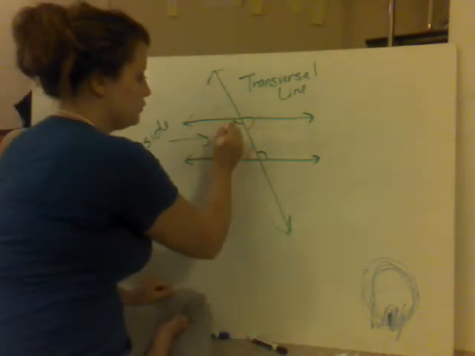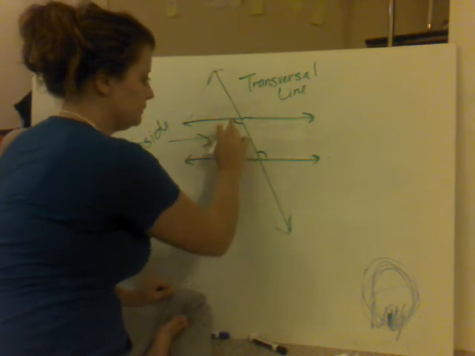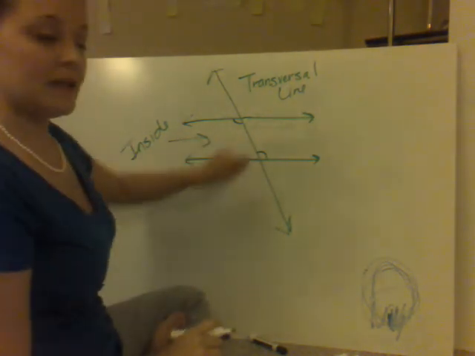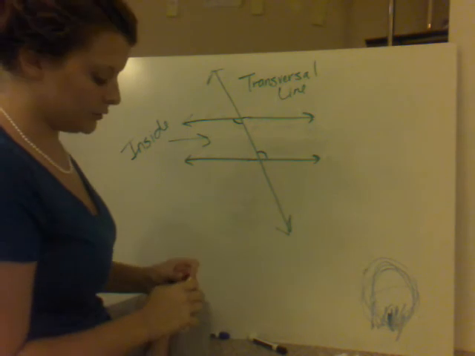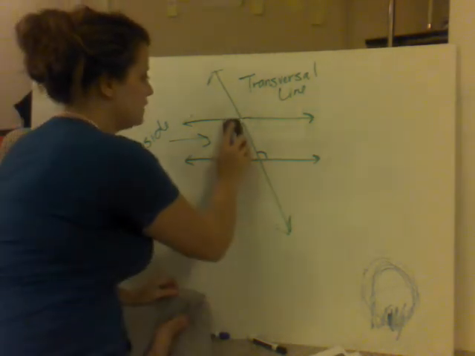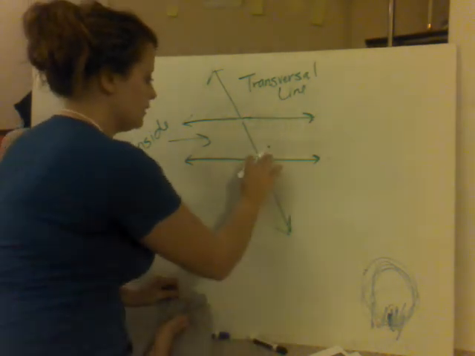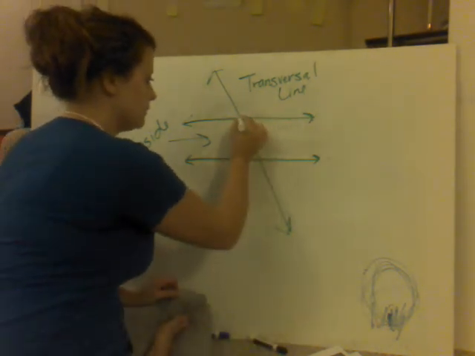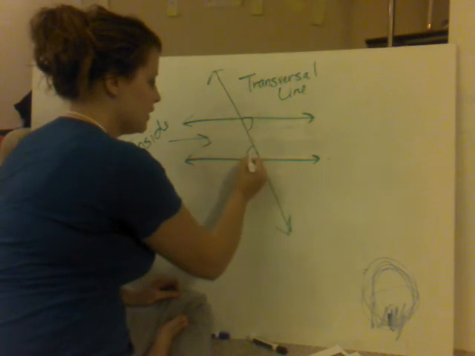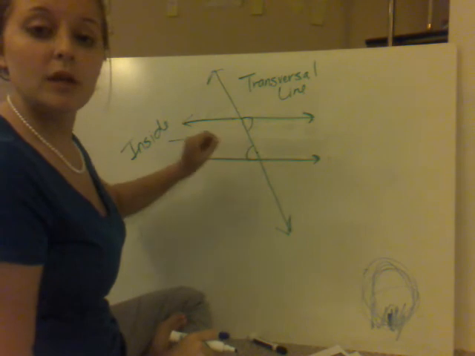So this is a set of alternating interior angles. If I erase this, now these are alternating interior angles. These are going to be the same. They're going to be congruent.